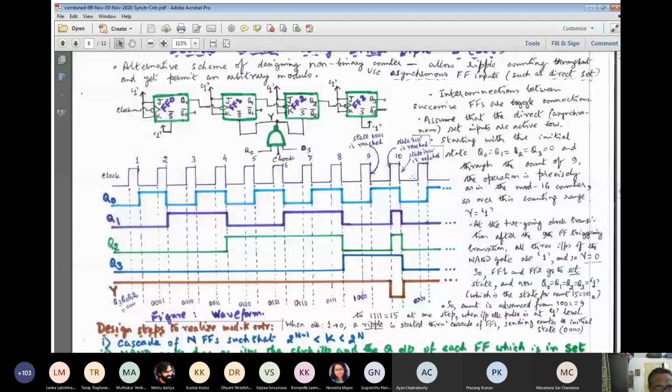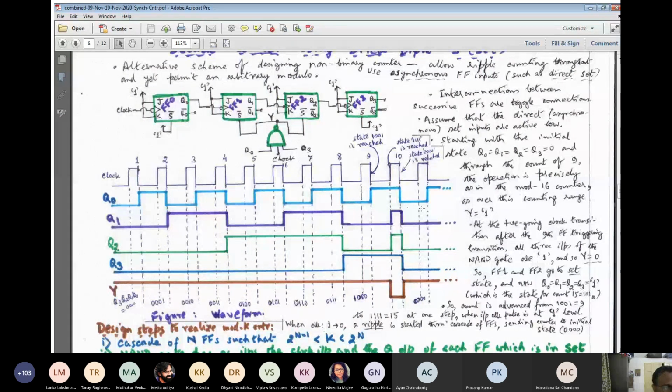After that, the 000 state returns. So it will definitely work like a modulo 10 counter. But how? Without proceeding to 10, 11, 12, 13, 14, 15, it skips all the 6 states, and from 9 it directly comes to 0.